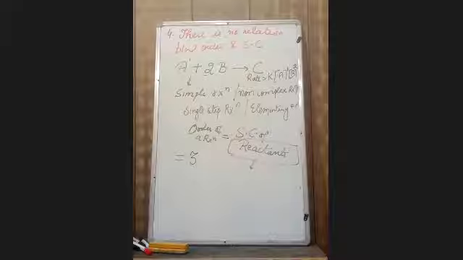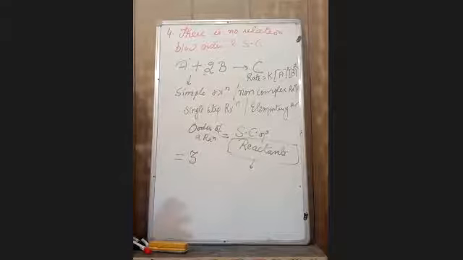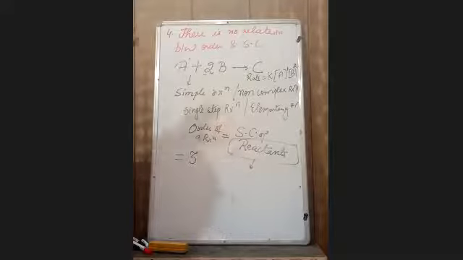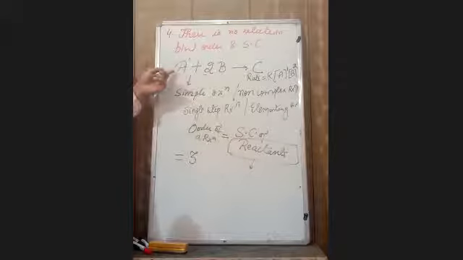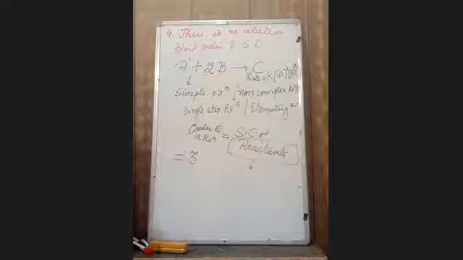Ma'am, please explain it again once. Okay, fine. What the statement says is that there is no relation between order of a reaction and stoichiometric coefficients. Stoichiometric coefficients are the numbers which are used to represent the amount of reactants, or sometimes the concentration of reactants and products, for balancing the chemical equation.